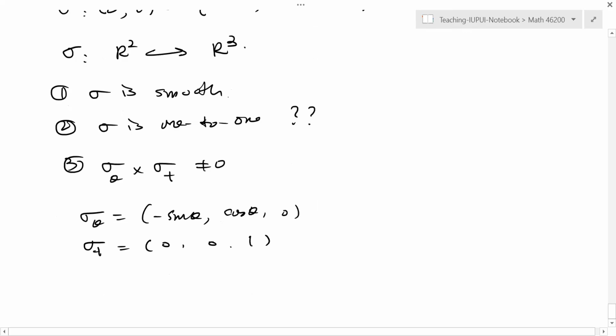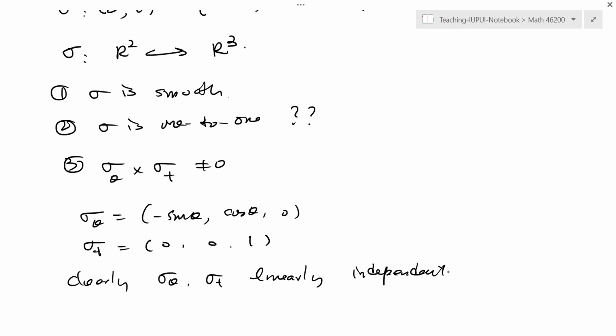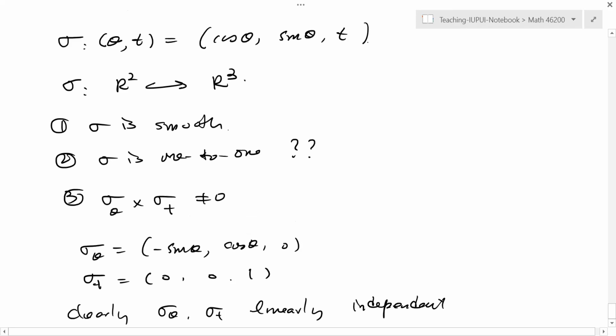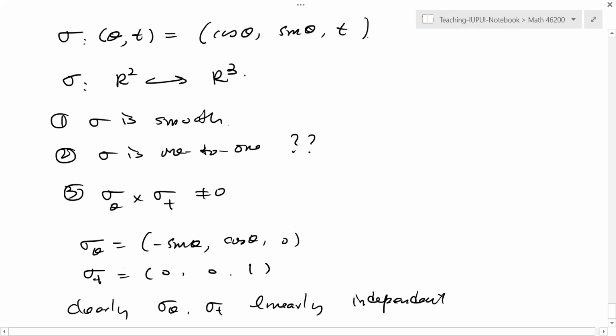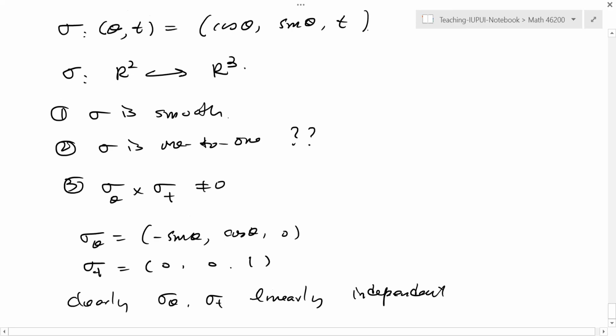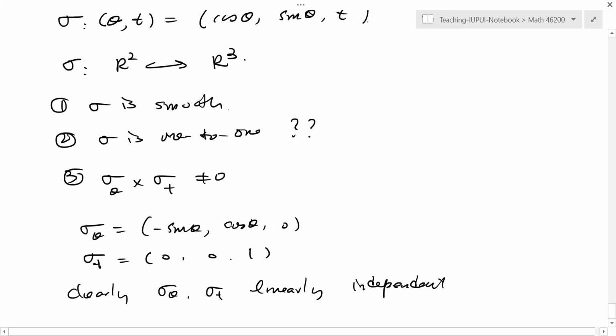Very interesting. So clearly sigma theta and sigma t are linearly independent. Now the cross product of sigma theta and sigma t is not 0 if and only if they're linearly independent. Because they're linearly independent, that's all we need. Now, I think the image of sigma is the whole cylinder. That's no question about it. The only problem with sigma is that it's not one-to-one.